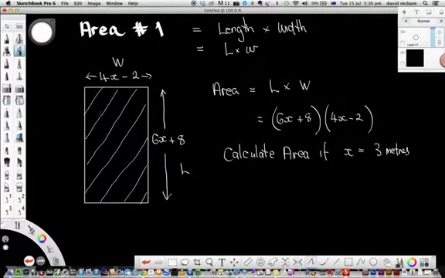So all our dimensions here are in meters. So what do you think we then do? How are we going to work out the value of the area if x equals 3?